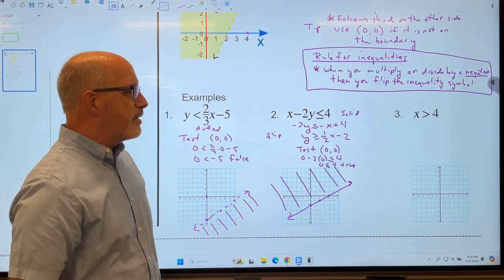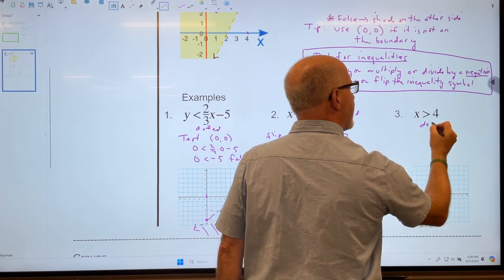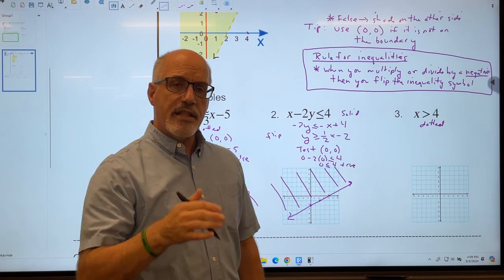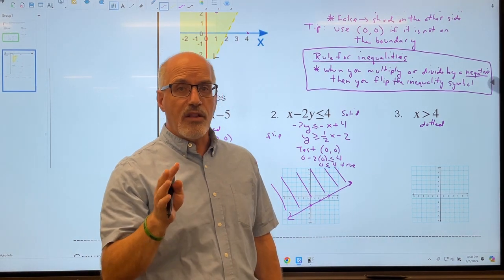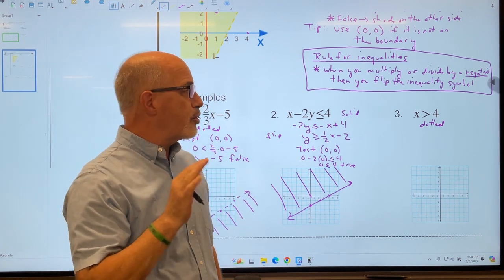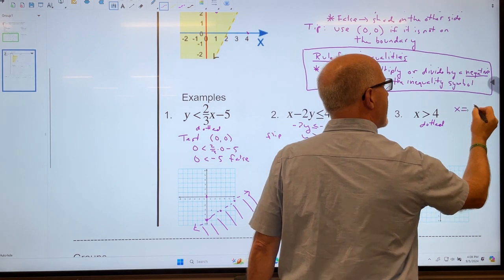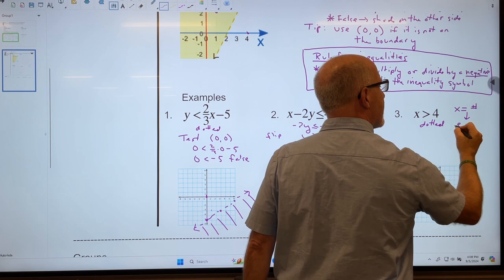Now this one's a little different. First of all, let's just be reminded this can be a dotted graph. You have to remember what x equals 4 is as a boundary, what that graph looks like. You're going to see these a lot in the problems coming up, so make sure you recognize that x equals a number is a vertical line.